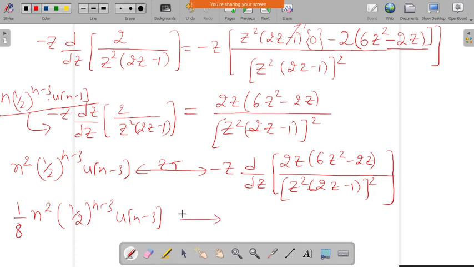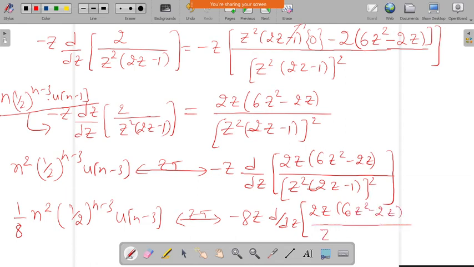So the corresponding scaling factor will multiply here, that is minus 8z into d by dz of 2z into 6z square minus 2z divided by z square into 2z minus 1, whole square. Now this is the complete z transform of this signal.